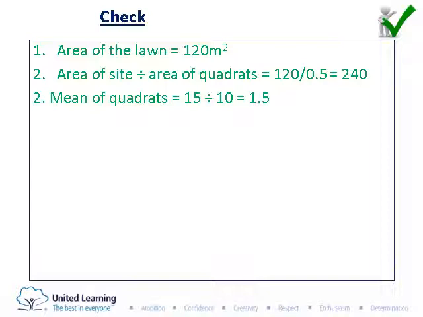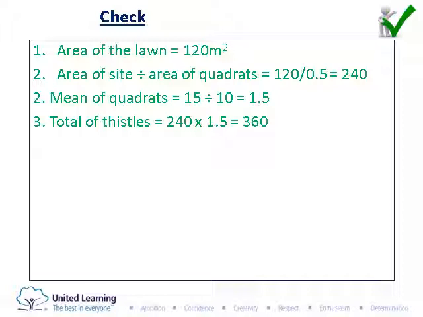And that should have given you 1.5. So what you then do is you multiply your multiplier, which was 240, by your mean number of thistles per quadrat, which was 1.5. And that gives us an estimate of 360 thistles in that area.